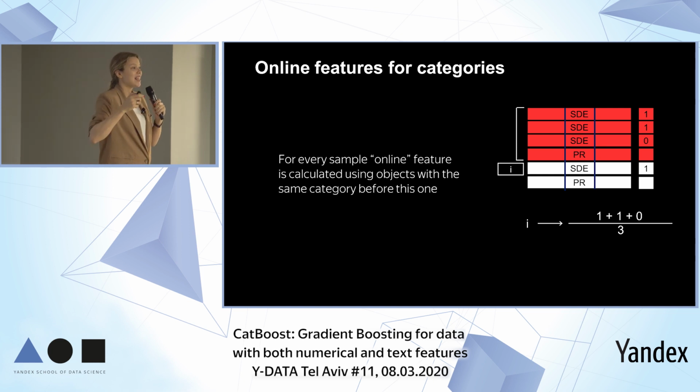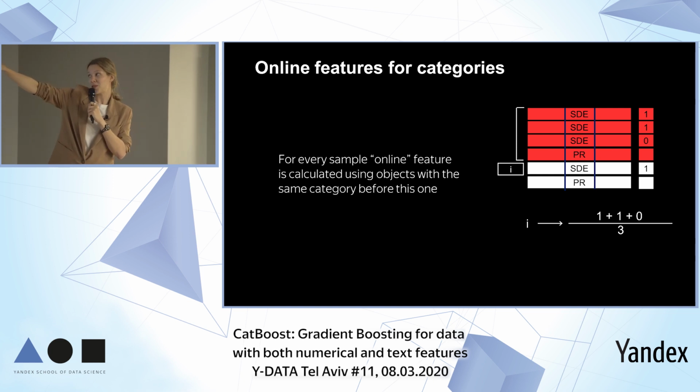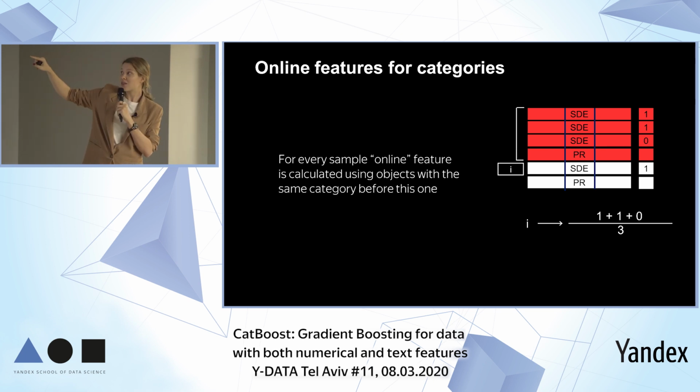What we do is we do it in an online fashion. So for a particular sample, number I, when you are calculating the average of your label values, you are only looking on the samples before this one. So that is the online calculation of the feature. We will do the same for text features.